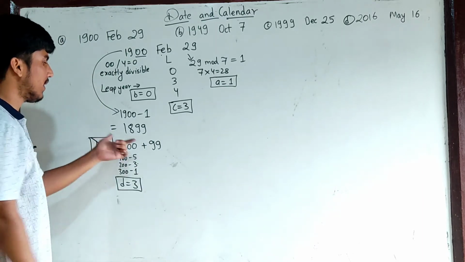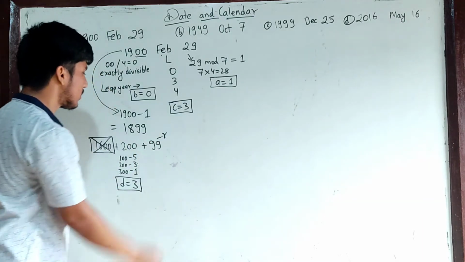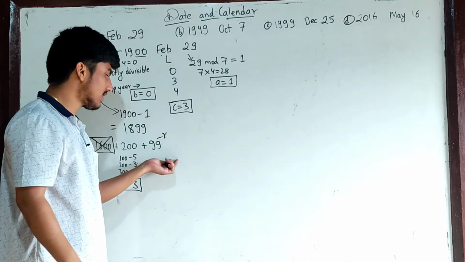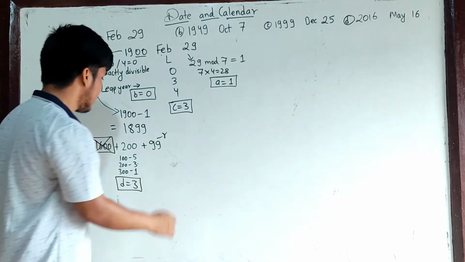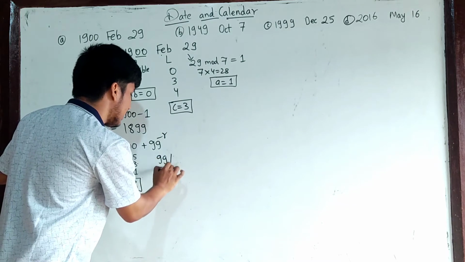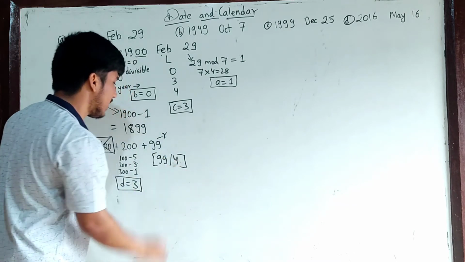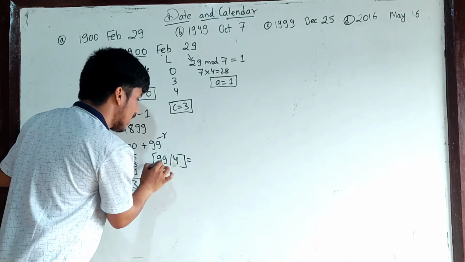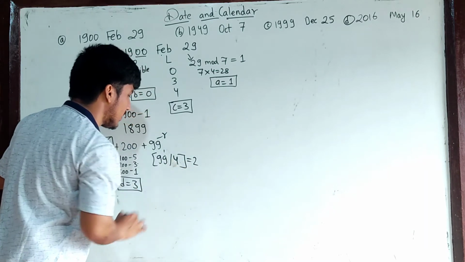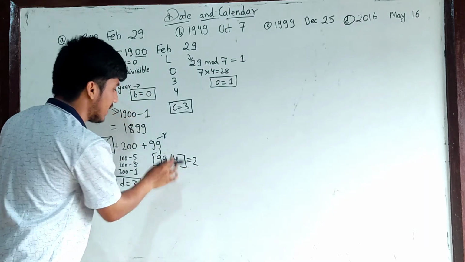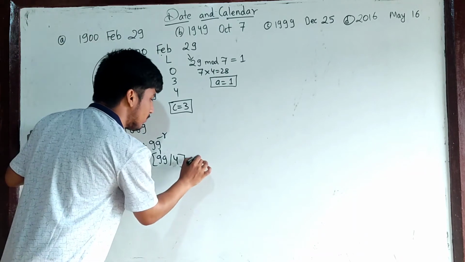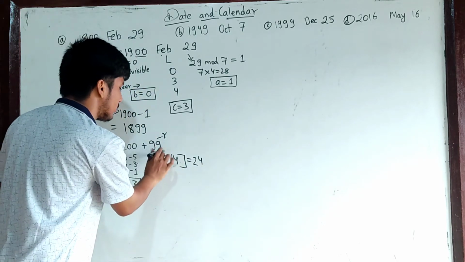Now we move on to the remaining years, and for the remaining years first we integer divide by 4 to find the number of leap years, right? We divide 99 by 4, integer divide. 4 times 2 is 8, 1 is remaining, so 19, and close to 19, 4 times 4 is 16, and the remainder is 3.